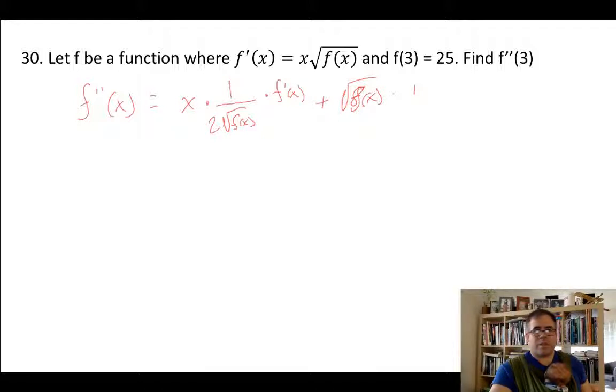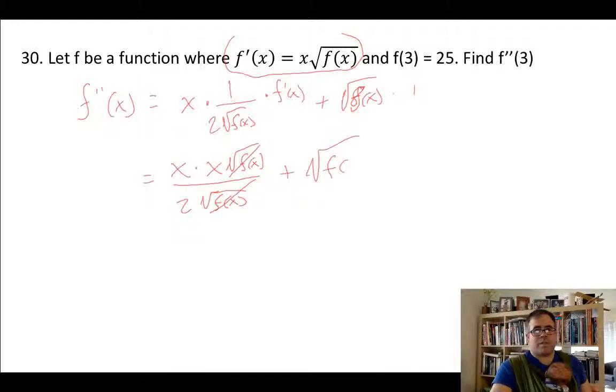At this point, you might want to recognize that you can use this definition again right here. So we have x times 1 is x. x times f prime of x is x times square root of f of x over 2 square root of f of x. And you see immediately the benefit of doing that is that these will cancel right out, which is nice. Plus square root of f of x.